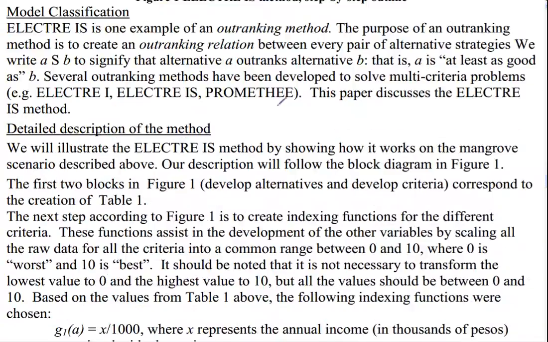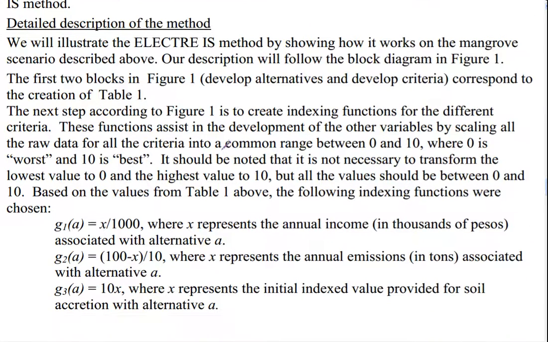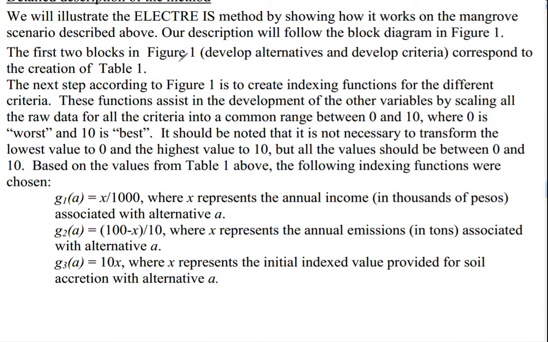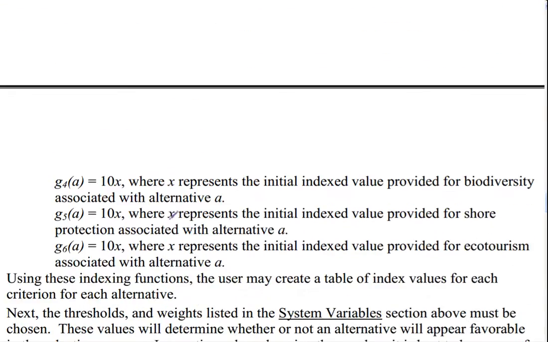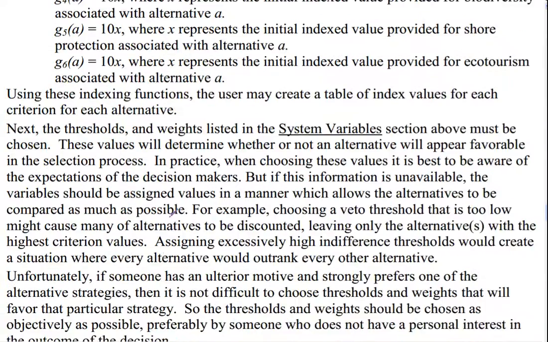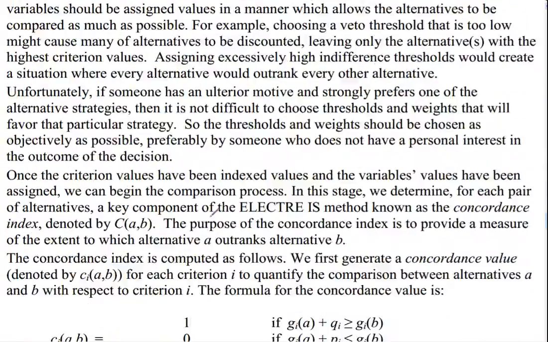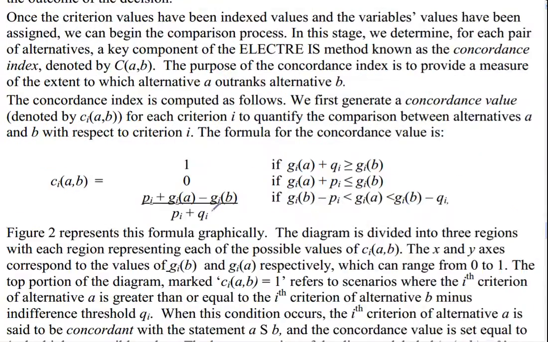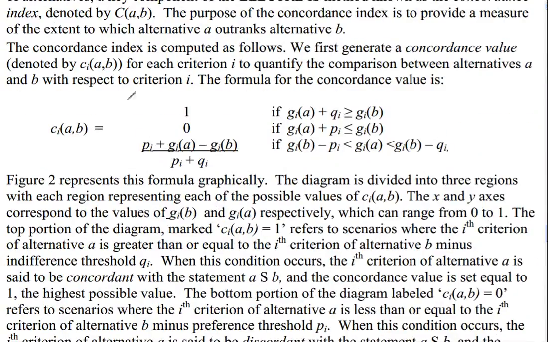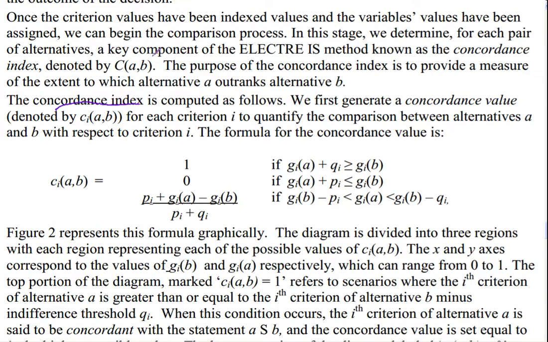All right, so here we go through the detailed implementation of this model for that particular case. This talks about the choice of the indexing functions. This talks about the thresholds. This talks about how you compute the concordance index.